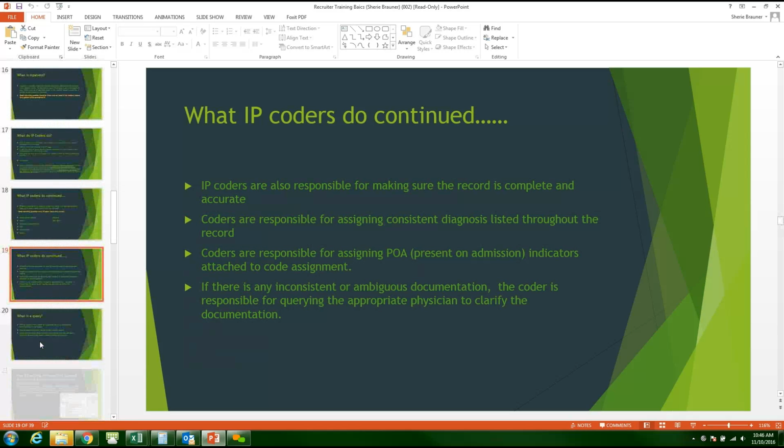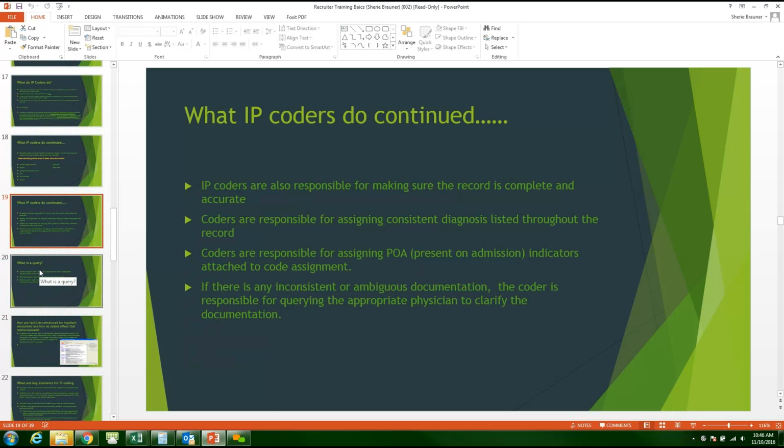Slide number 19. What inpatient coders do, continued. Inpatient coders are also responsible for making sure the record is complete and accurate. Coders are responsible for assigning consistent diagnoses listed throughout the record. Coders are responsible for assigning POA, present on admission, indicators attached to the code assignment.